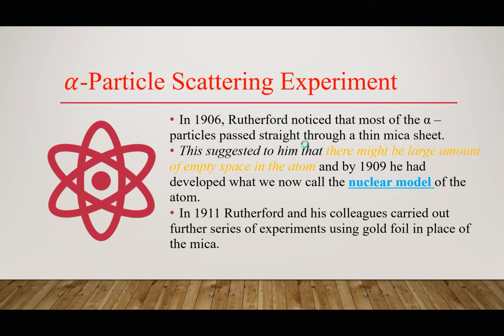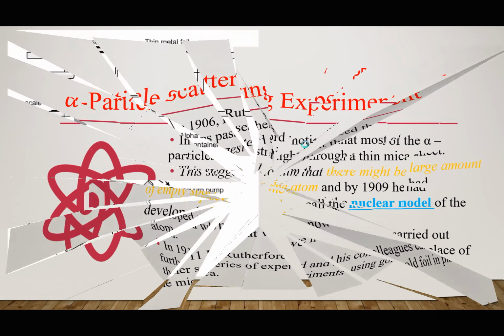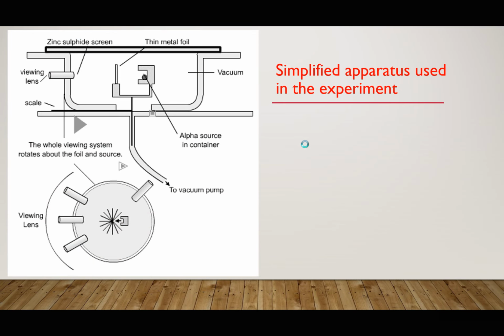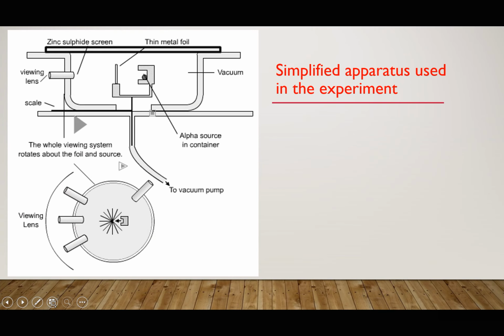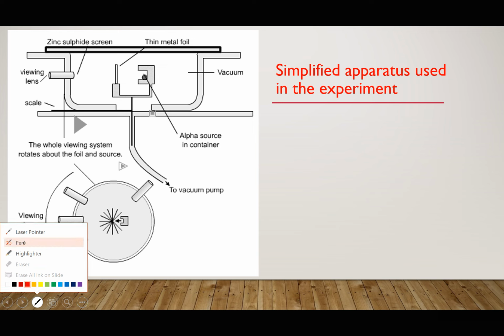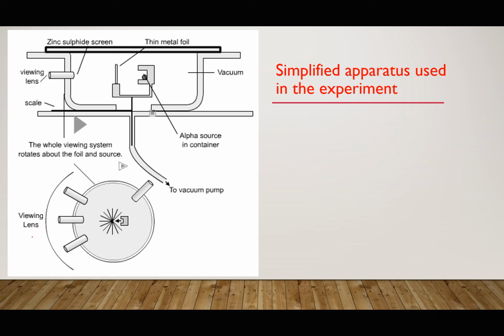So before we dig deep into J.J. Thomson's model, Rutherford's alpha particle scattering experiment, let's have just a picture of the apparatus used in this experiment. So this is a simplified apparatus which is used in the alpha particle scattering experiment.